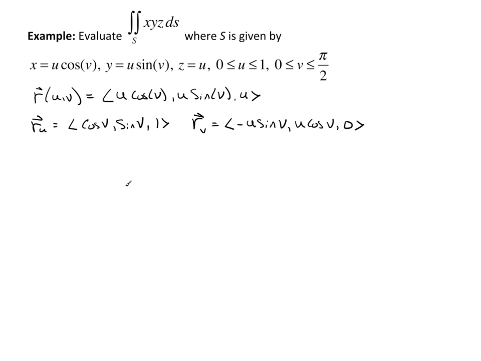So I know that I'm going to need this cross product. So r_u cross r_v is going to be, let me see, i, j, k, cosine v, sine v, 1, negative u sine v, u cosine v, 0.